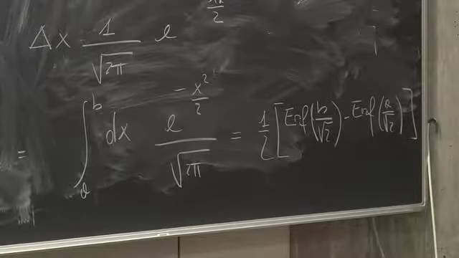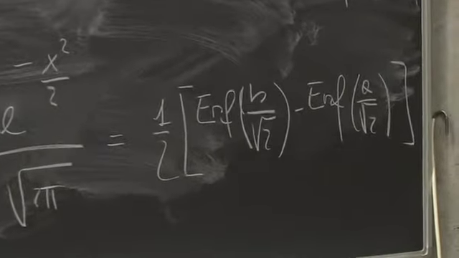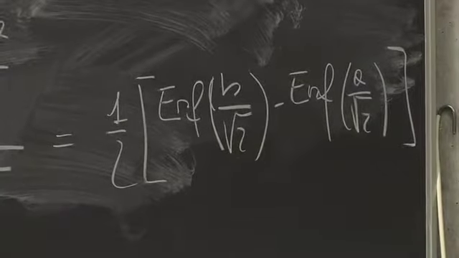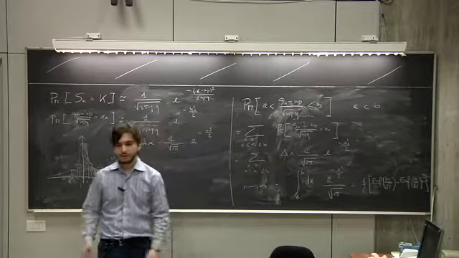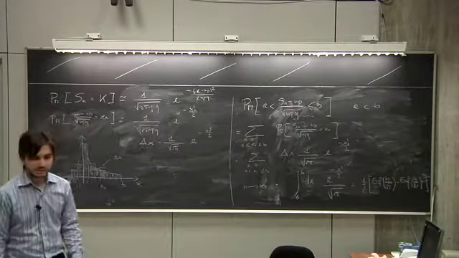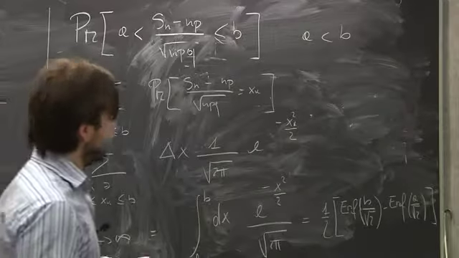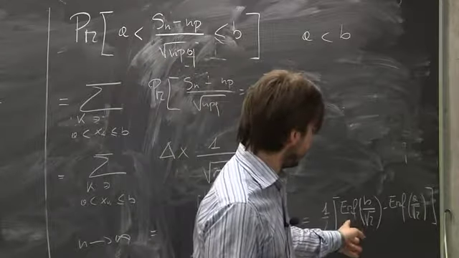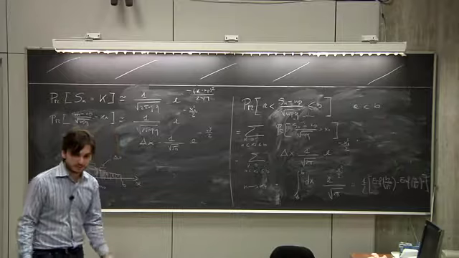So in view of practical applications, which in your case means exercises, if you need to evaluate a probability like this, where it seems that you have to sum over hundreds or thousands of values of the binomial, you may resort to this approximation, calculate the error function at two numbers, subtract them, and you're done.